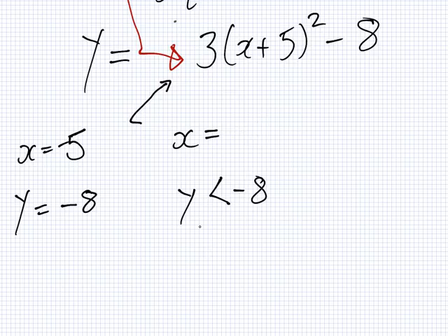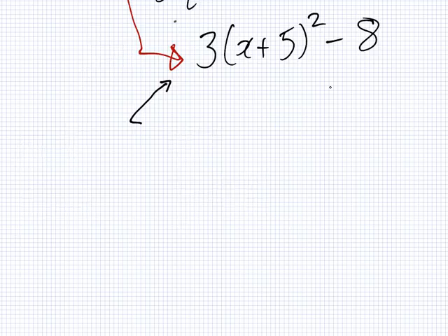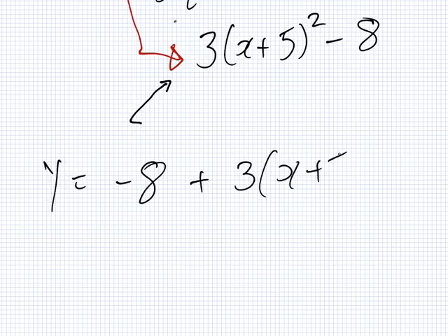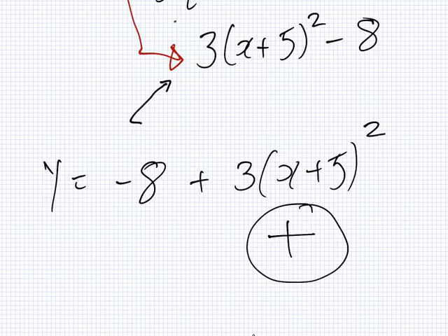Yeah, it's not possible. And the reason it's not, if you think about it like this: y equals minus 8 plus 3x plus 5 squared. This part must be positive. Can it be negative? No, it can't. Why not?